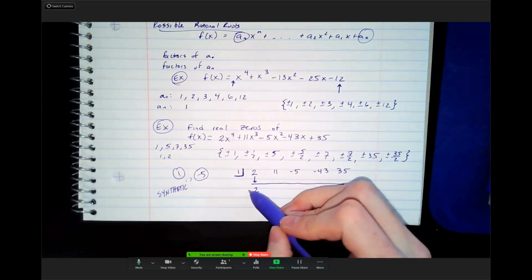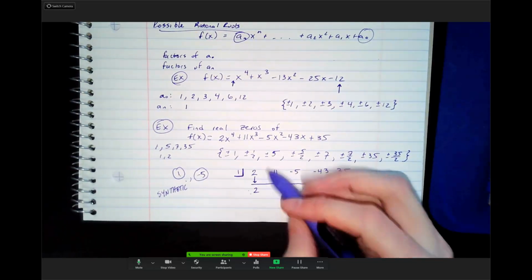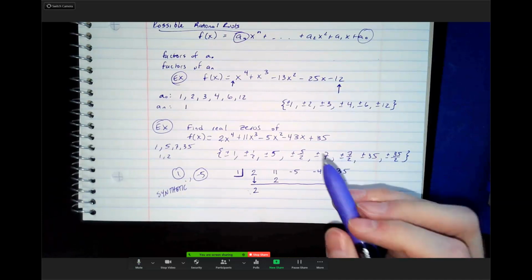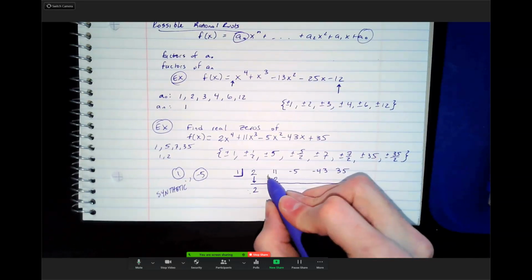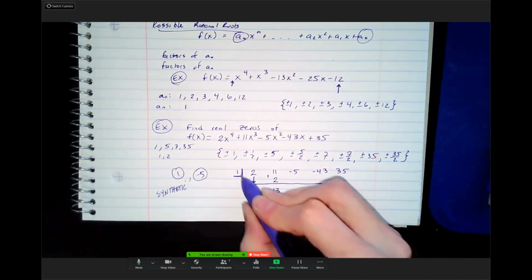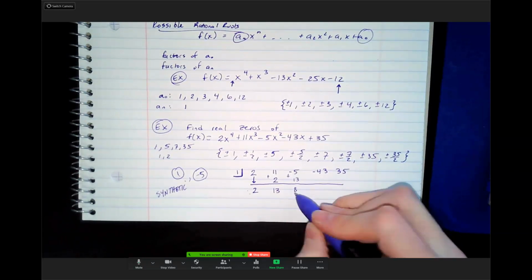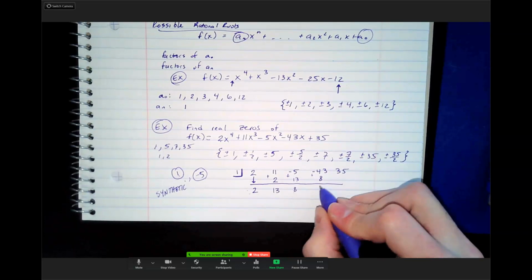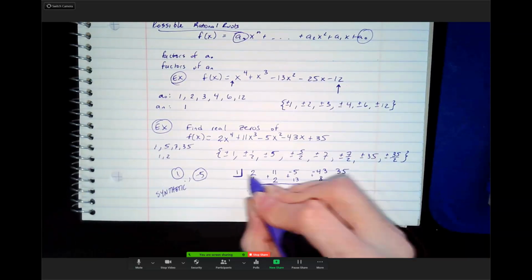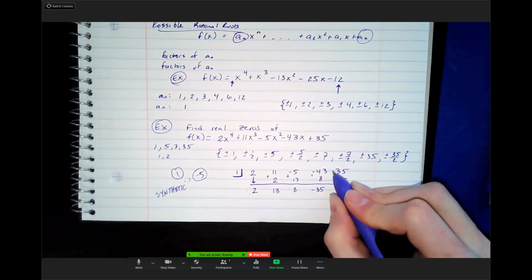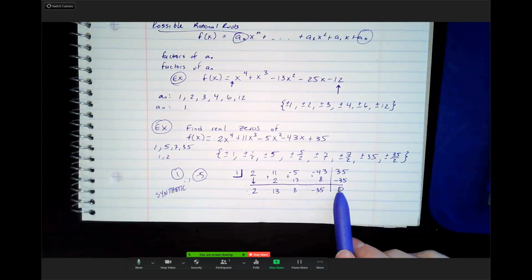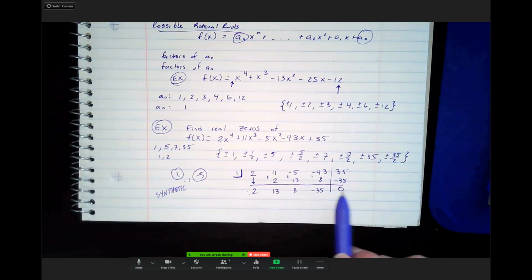You multiply that number by whatever is over here. You put that over here, and then we add. 13 times 1 is 13, and we add 8. 8 times 1 is 8. We add, it's -35. -35 times 1 is -35. And this last number is always your remainder. And if it's 0, that means it's a factor.